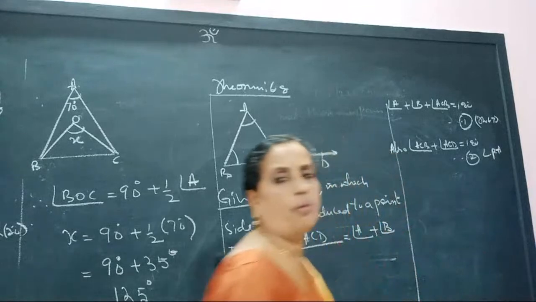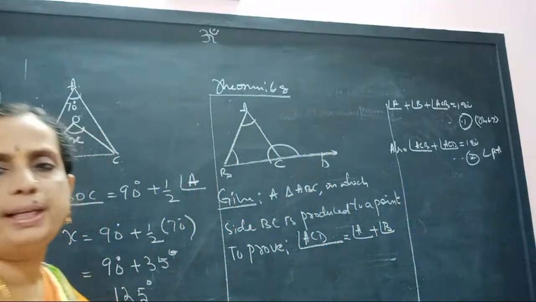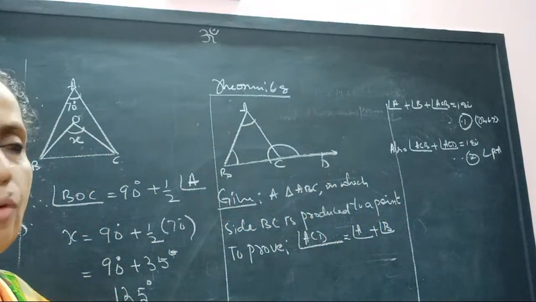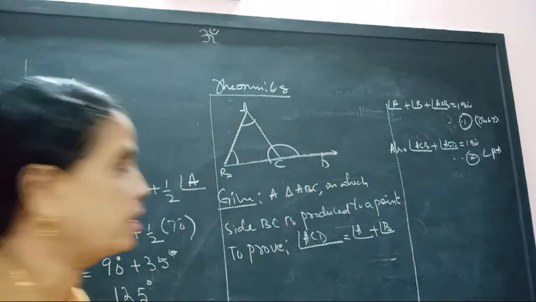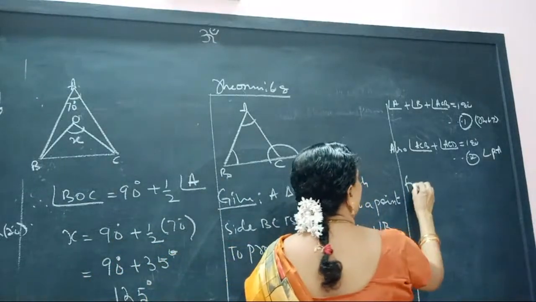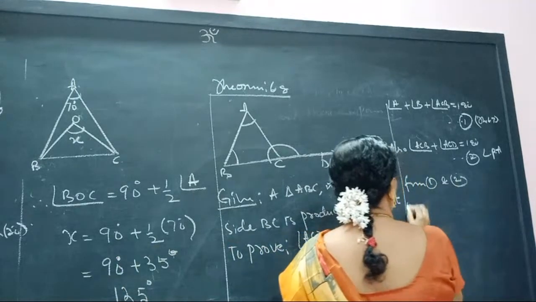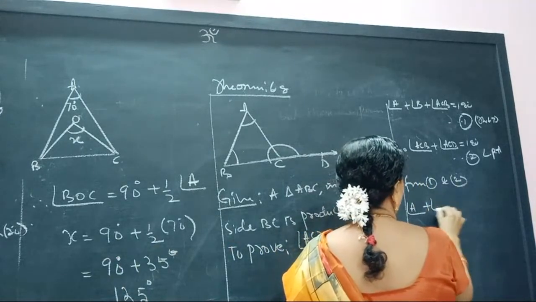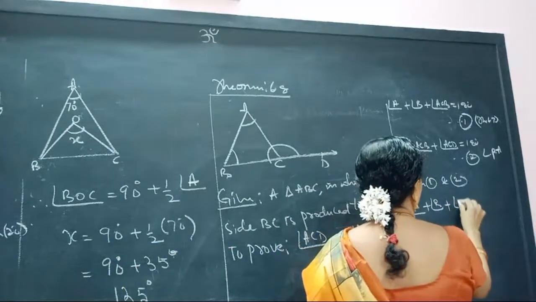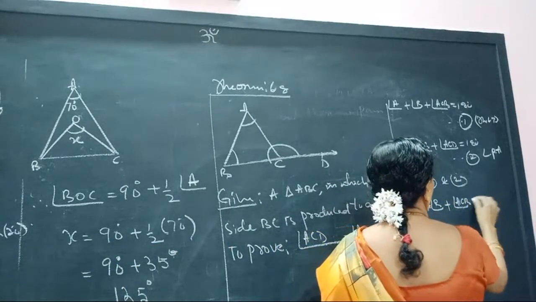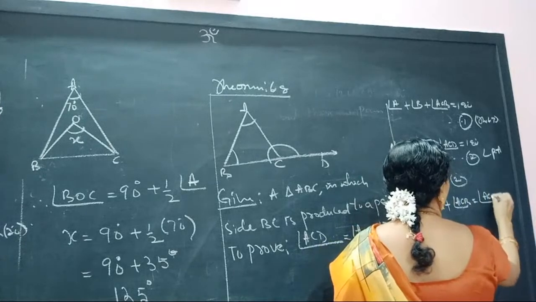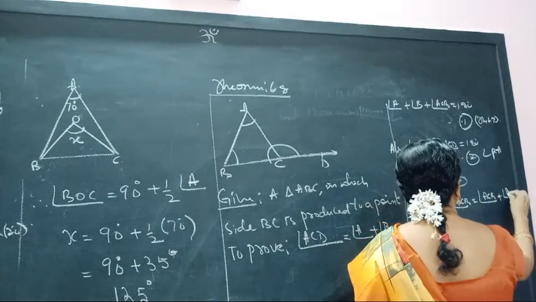In equation 1 and equation 2, 180 is in the RHS, so we could equate their LHS. So then you write from the result 1 and 2 we get angle A plus B plus ACB equals angle ACB plus angle ACD.